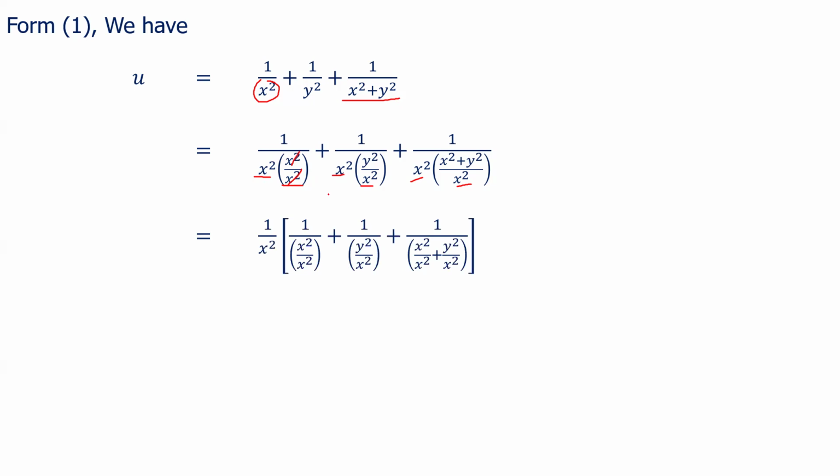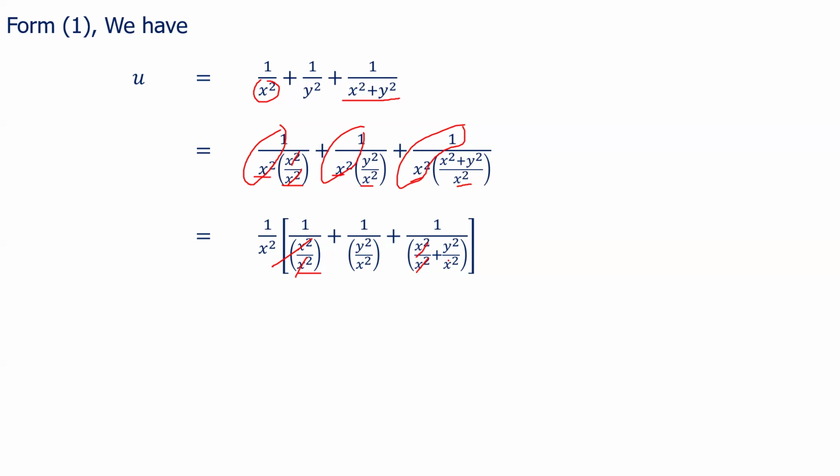We have taken 1 upon x square outside, so we have 1 upon x square, then 1 plus 1 upon y by x whole square, and this will be again 1 plus y by x whole square.